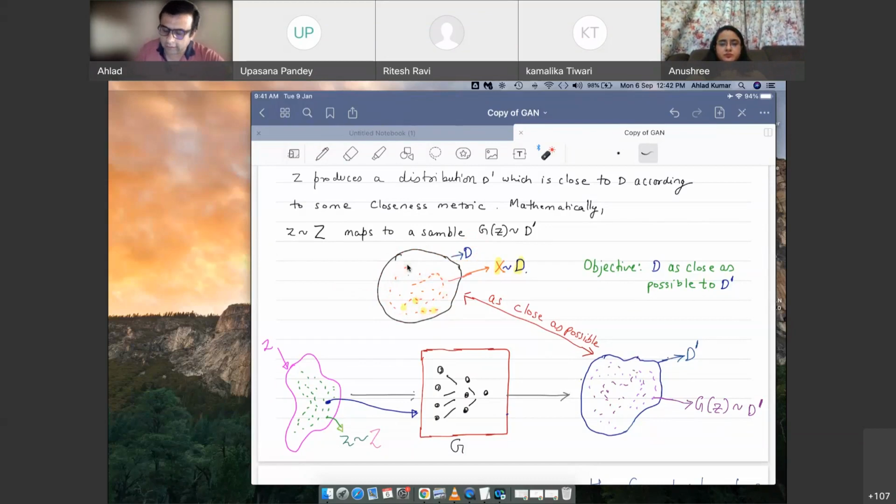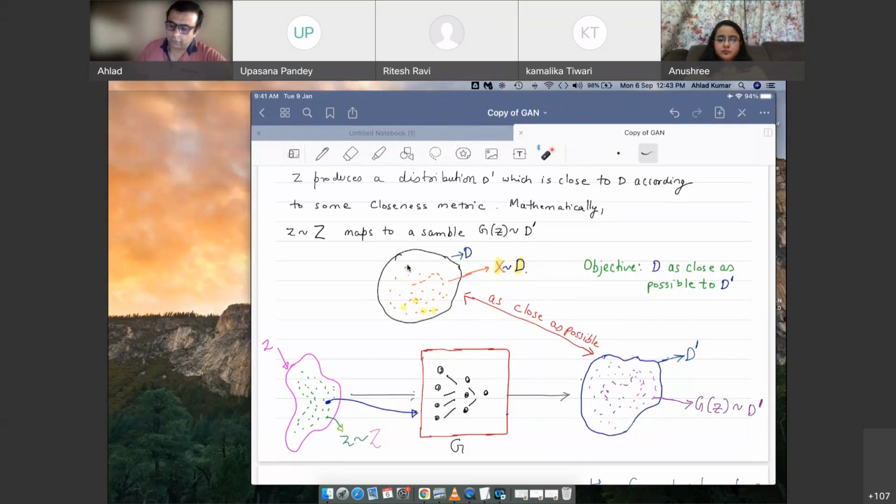So these are the original cat images, and D, the capital D, is the distribution which we are trying to find out. Each of these cat images is represented by capital X, which is a random variable sampled from this distribution capital D. This is what we are representing mathematically.